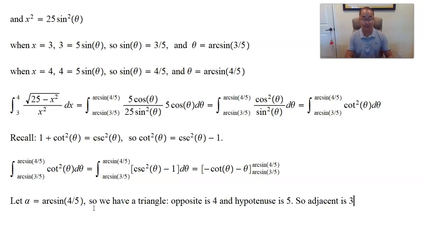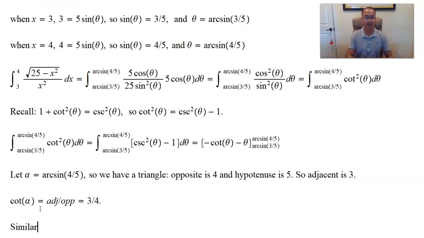So adjacent is 3. Okay, we want the cotangent. Tangent is opposite over adjacent, so cotangent is adjacent divided by opposite. So we have 3 over 4. Got it? Similarly, for the lower limit, for beta equals arc sine 3/5, what are we going to get?